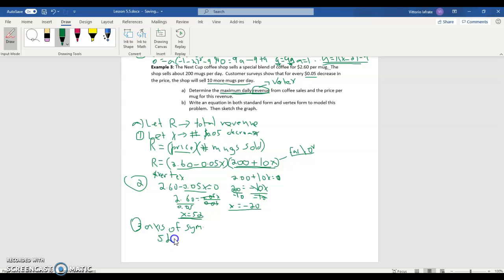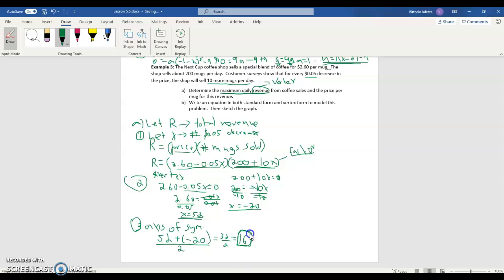So 52 plus minus 20 divided by 2 is equal to 32 over 2, which is equal to 16. So when we drop the price 5 cents 16 times, that's when our revenue will be maximized.